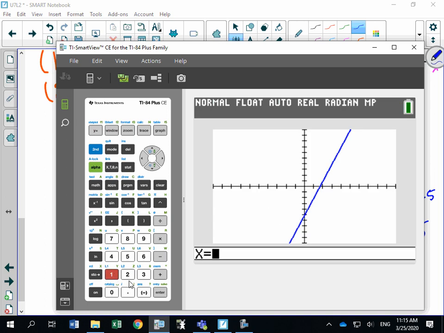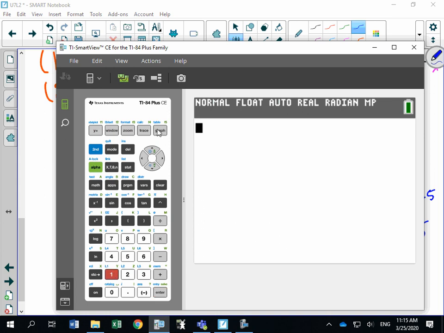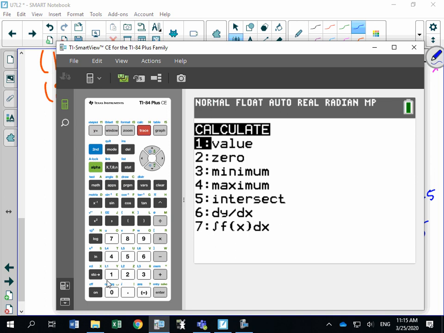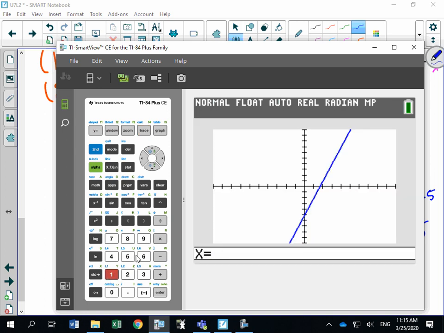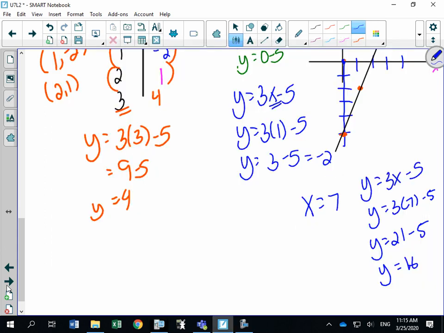I could give you any value I want. What is y when x is 25? Oh, it's out of my window. That's why it's not doing that. So let's try a different one. Graph, second function, calculate a value, number 1. When x is -3, y is going to be way down here at -14. Okay?